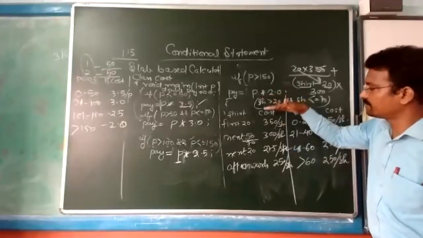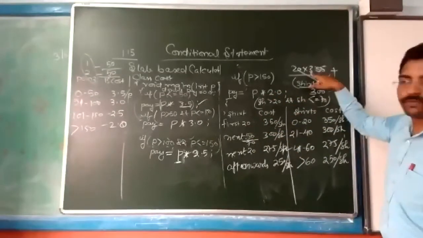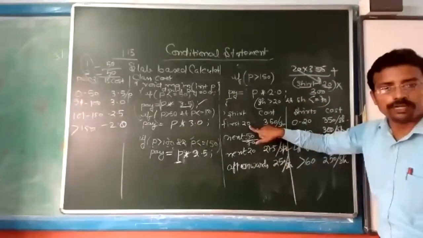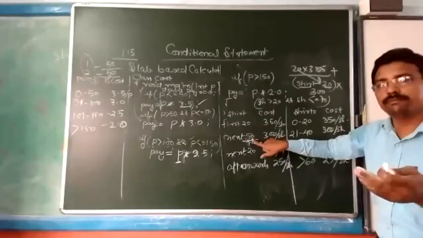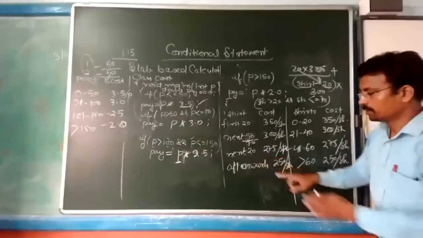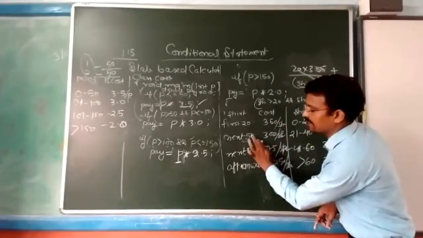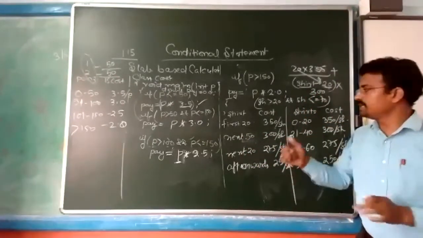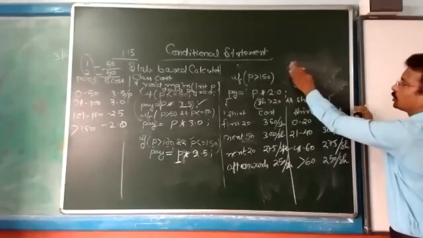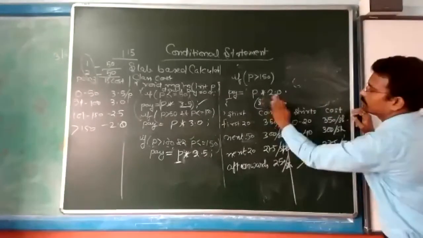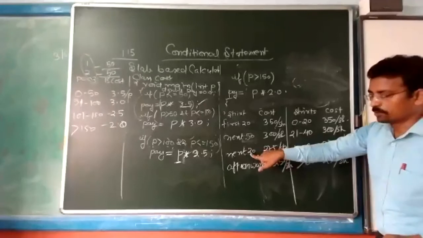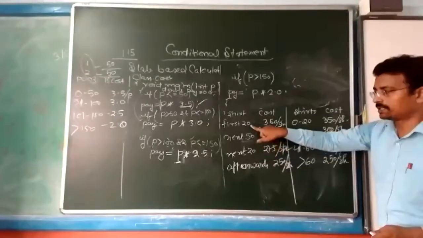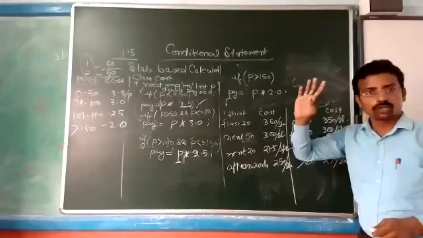You will have the same slab and the same calculation. As the slab increases, you will follow this. This is 20, this is 50. So next time when you come to this slab, focus that the second slab was of 50, and calculate accordingly. Suppose we are at the third condition and we have purchased 78 shirts.